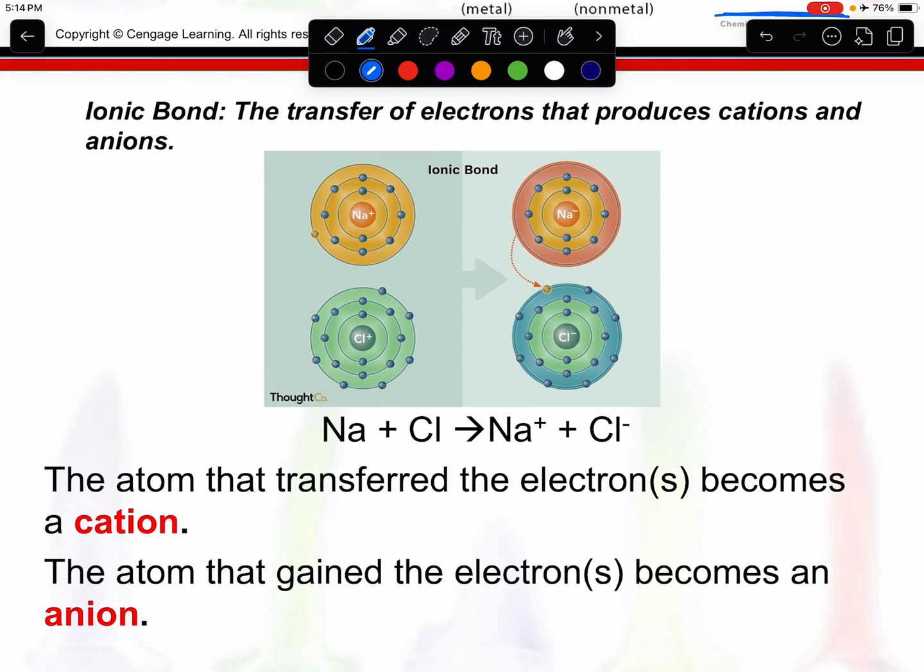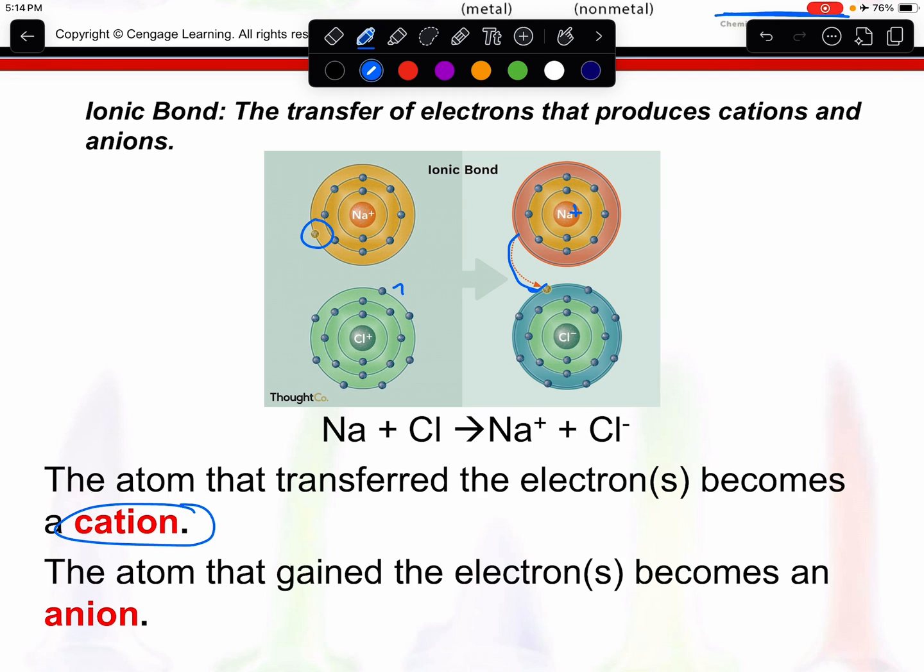I like this picture also because it really shows you that the transfer of electrons is literally being taken from one. So we have sodium here with 1 valence, chlorine with 7 valence. Sodium gives it up, and its valence shell is now this one. So I like that picture to show you that it is also happy because it has an overall valence shell of 8 below it. And again, the metal loses an electron. It becomes a cation.